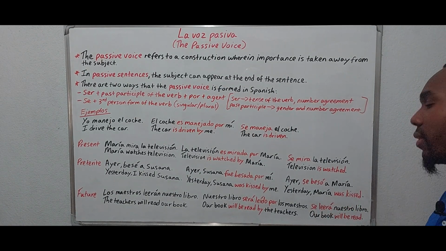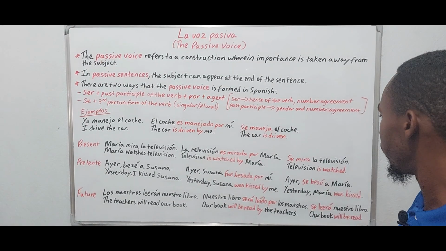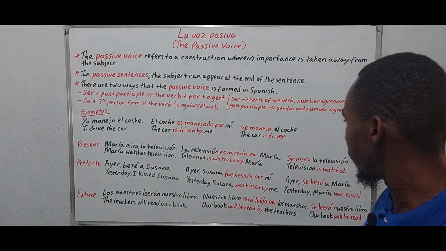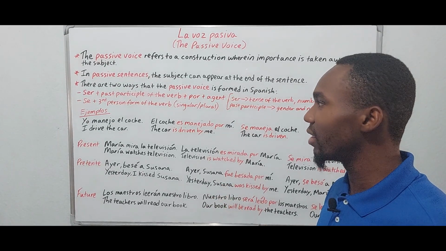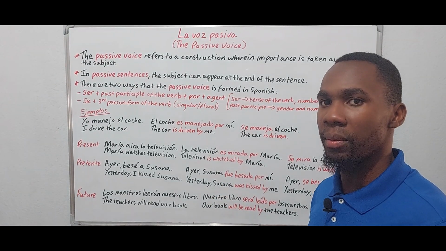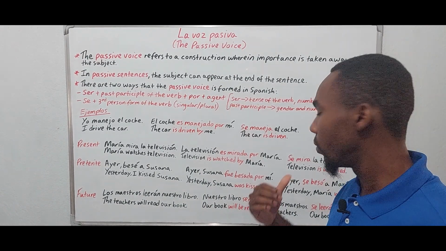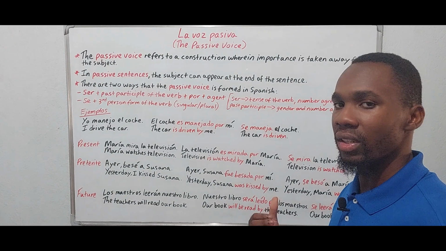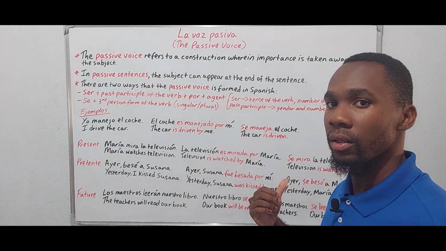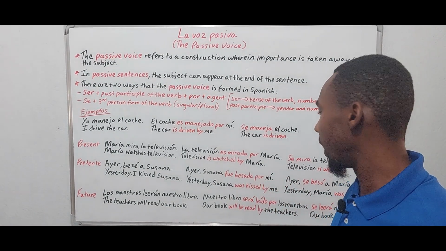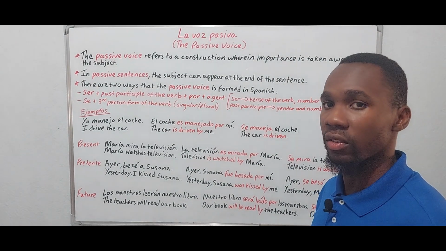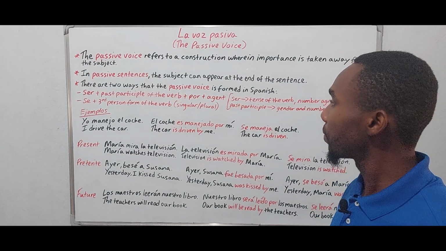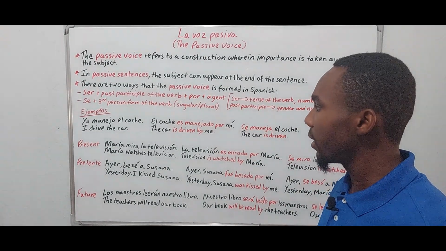Our book will be read. That's right. So this formation isn't too difficult, but you just need to remember the rule when it comes to persons. You need to remember that we always use a third person singular and we need the personal a. Okay? Vale?